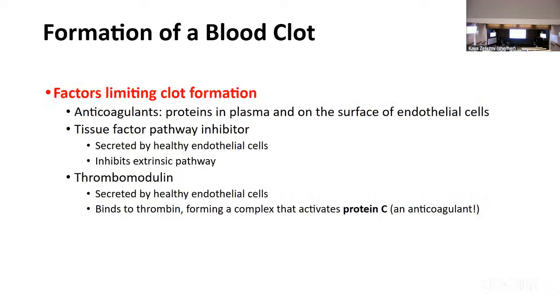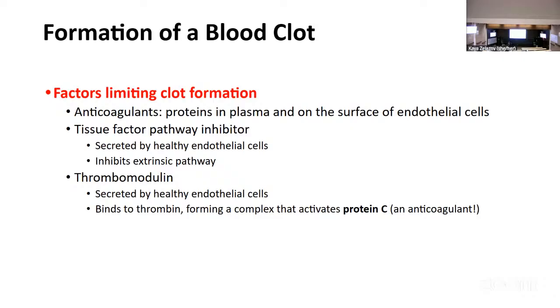Yeah. We do have things that limit blood clot formation as well. So in general, if we have something that's stopping you from clotting, or preventing clotting, we refer to it as an anticoagulant because coagulation is that clot formation. So anti, opposite of clot formation.